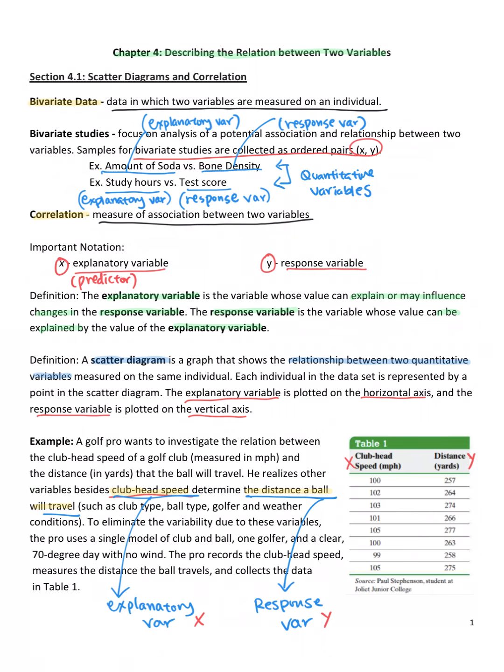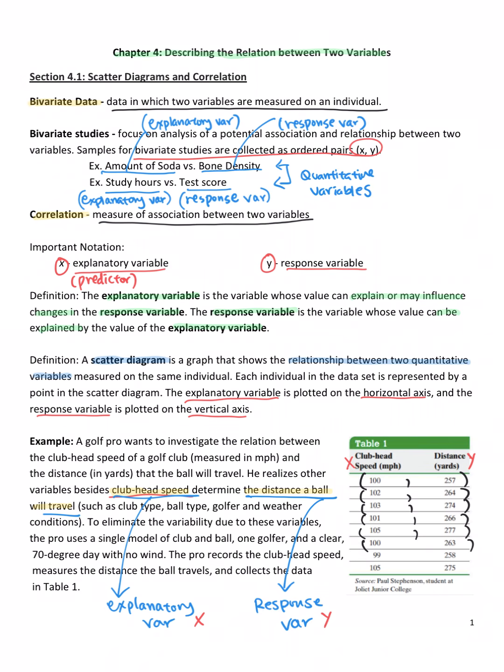Okay, so the first ordered pair is 100, 257. And then the second one is 102, 264. And so on. The third one is 103 miles per hour, and that corresponds to 274 yards, and so on.